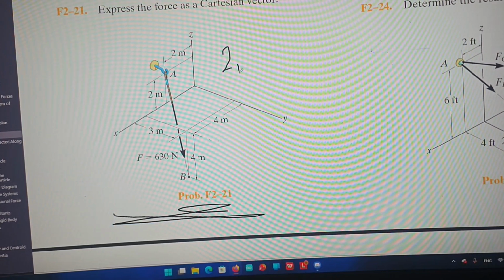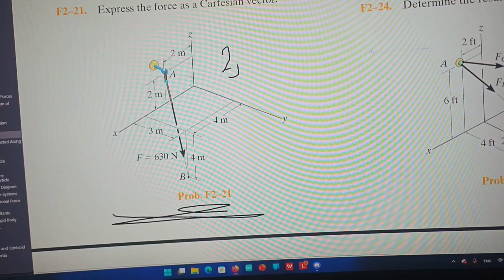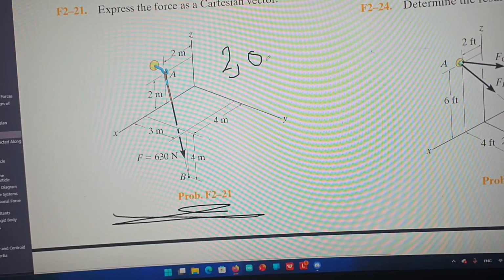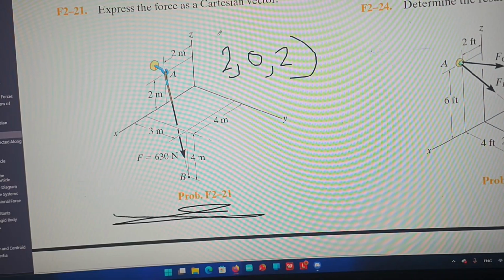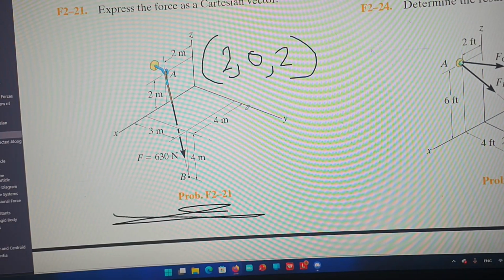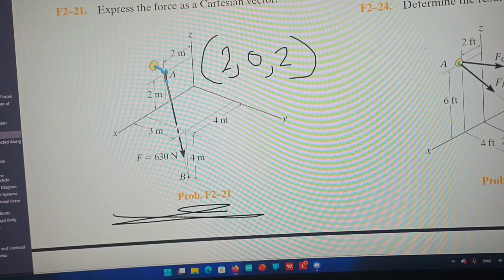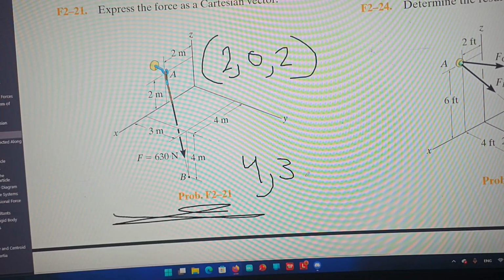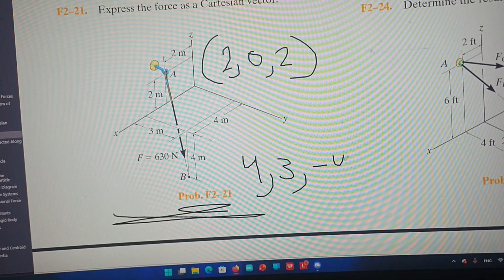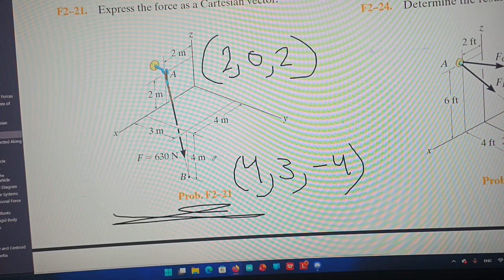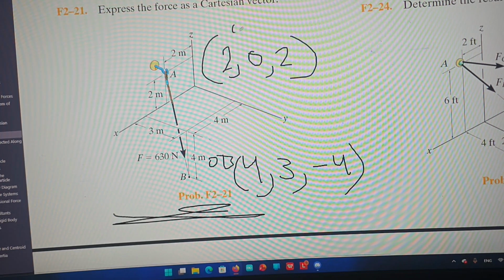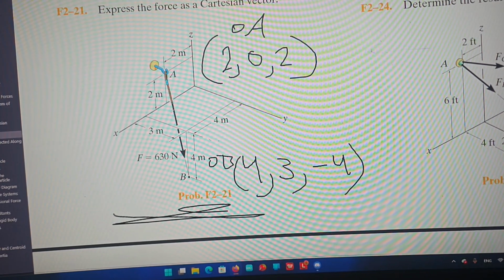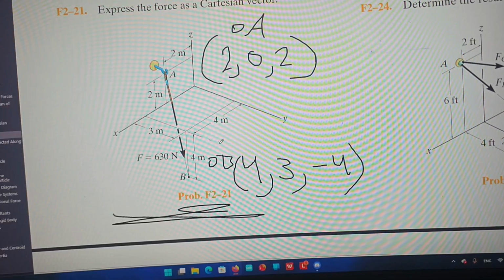That means the coordinates for it are 2 for x, 0 for y, and 2 for z. For point B, it is 4 on the x, 3 on the y, and -4 on the z. So that means 4, 3, and -4. Now that is from O to B, and this one's from O to A. Now you find the position vector between those two.